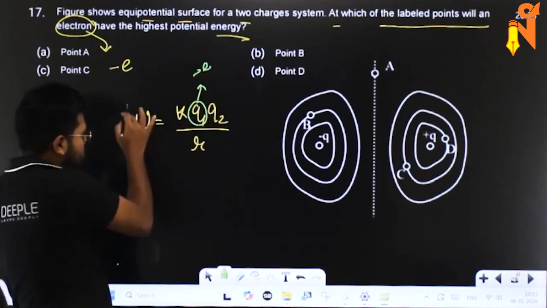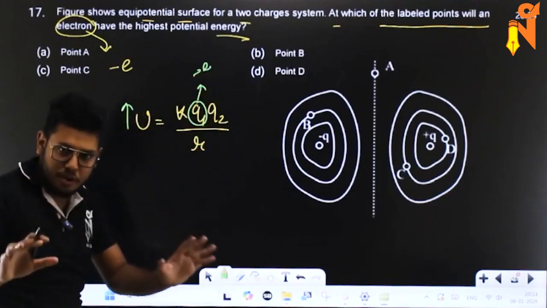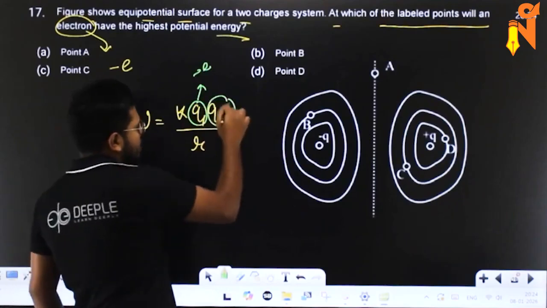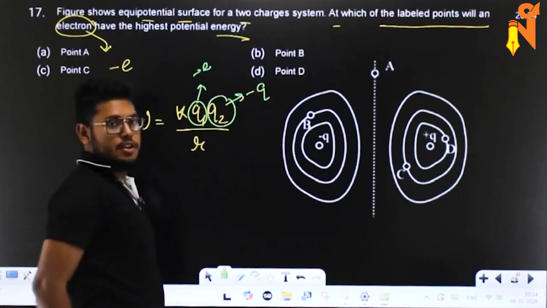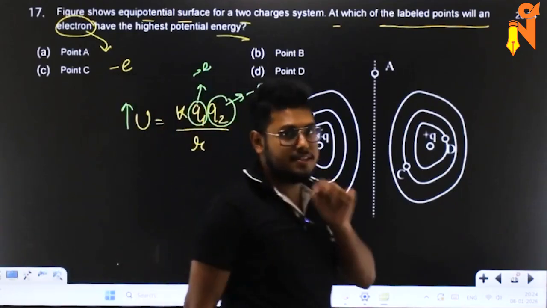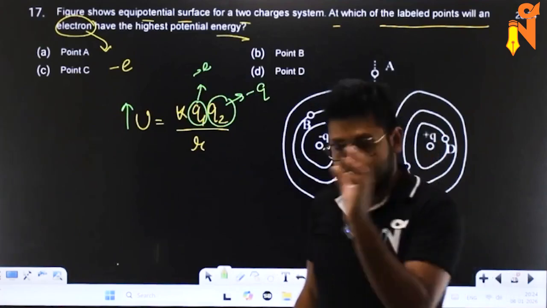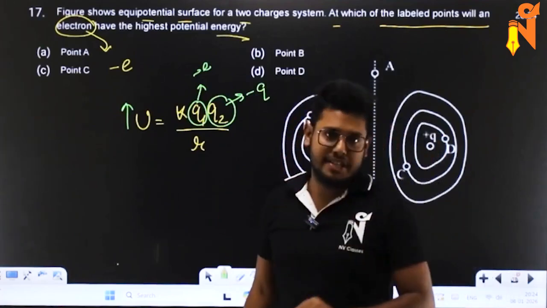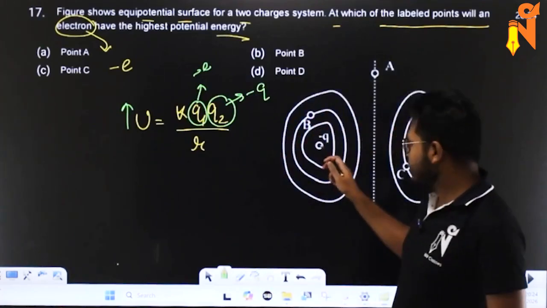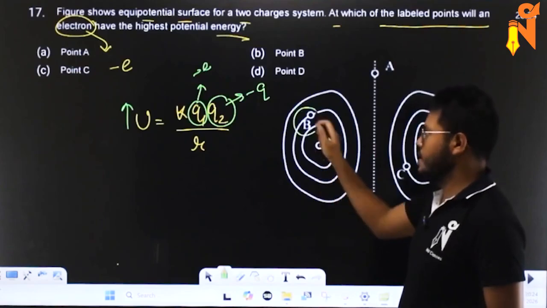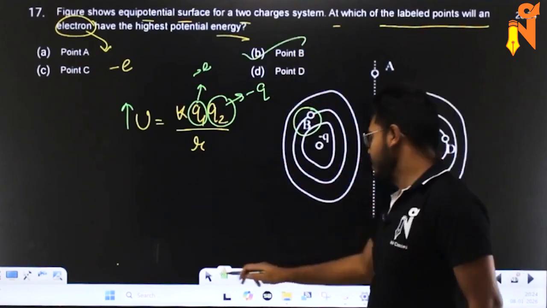So for this U to be maximum, that means a positive value, Q2 has to also be negative. So the closer the electron is to the negative charge, the more potential energy it will have. So look at the negative Q and look at the point which is closest, B. Option B is the correct one.